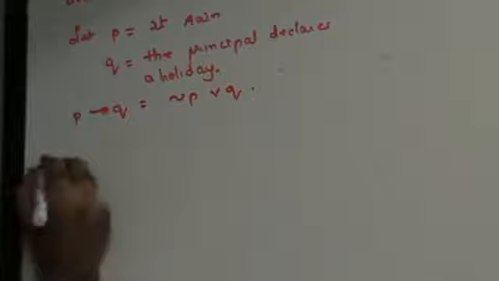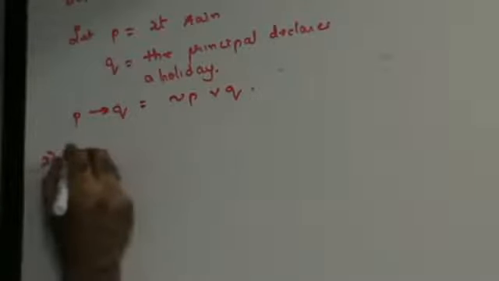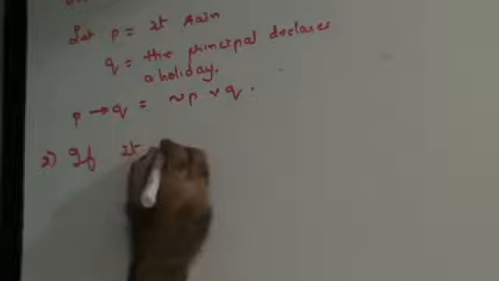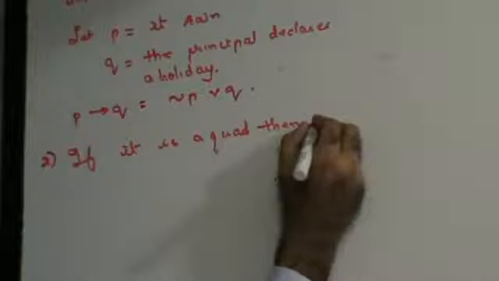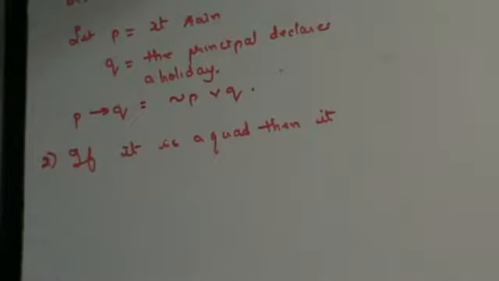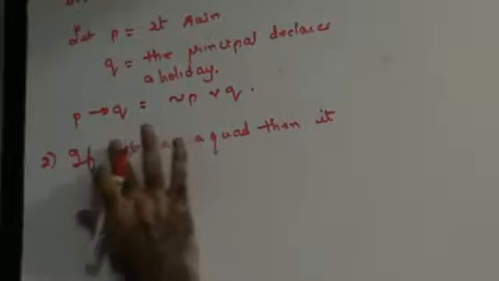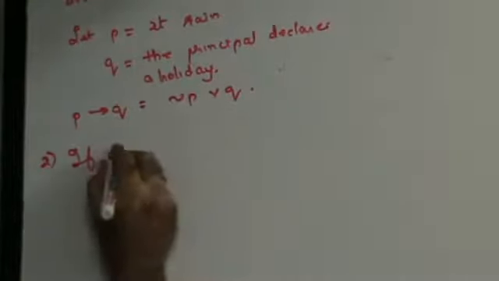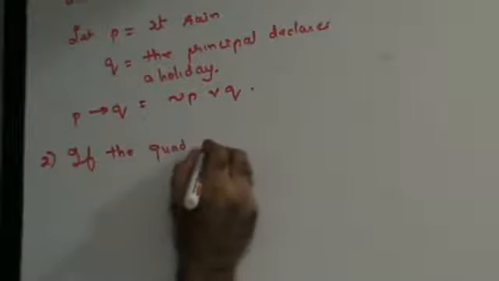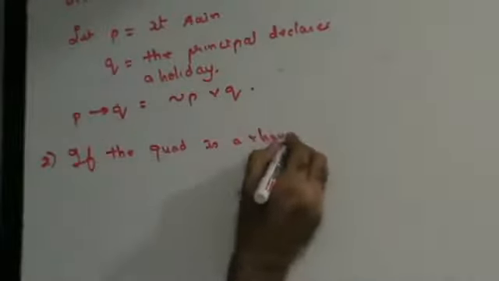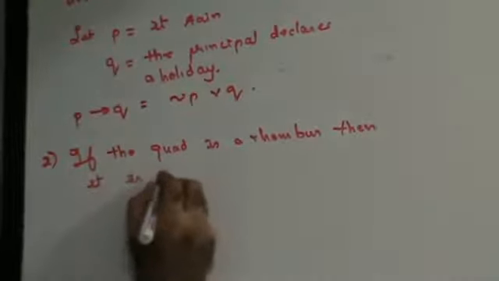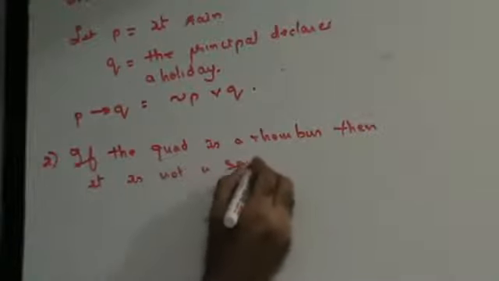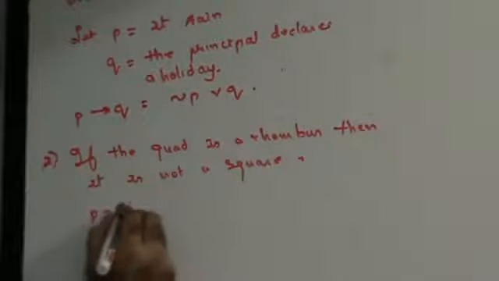Right, see, the question says that if the quadrilateral is a rhombus, then it is not a square. P is the quadrilateral is a rhombus.